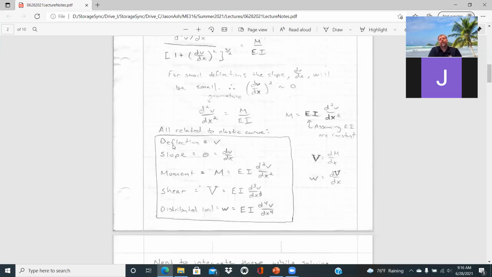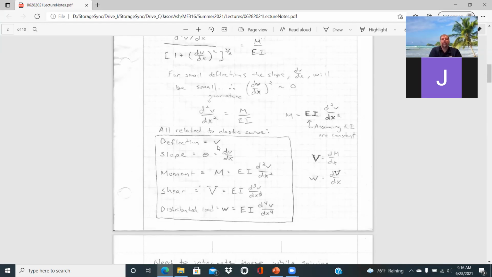And there's a couple ways that you can generally solve this. In the rare instances where you have, say, a distributed load acting on something, you start down at this level and integrate back 4 times, arriving at 4 constants of integration, and then solve from that standpoint. That's kind of a rare occurrence.